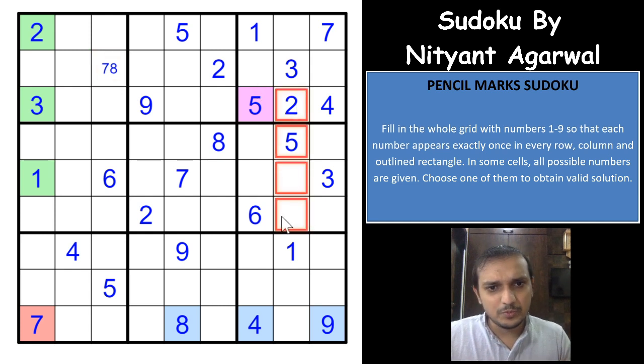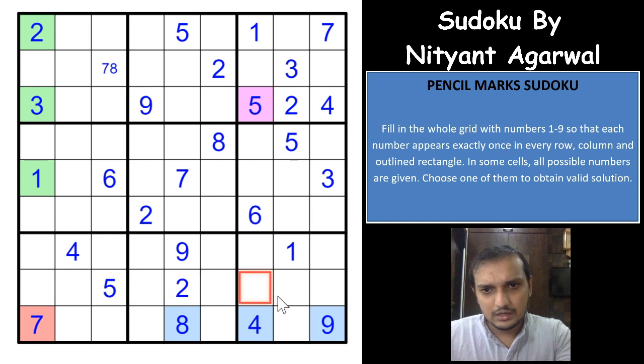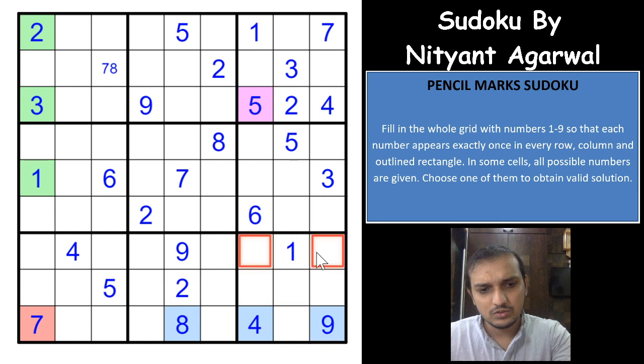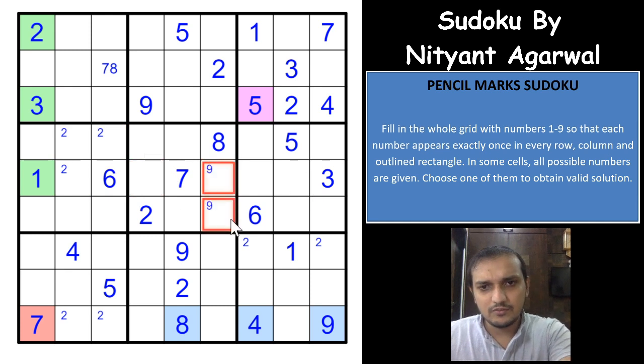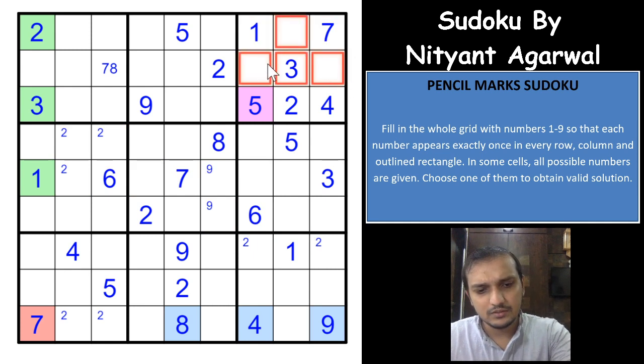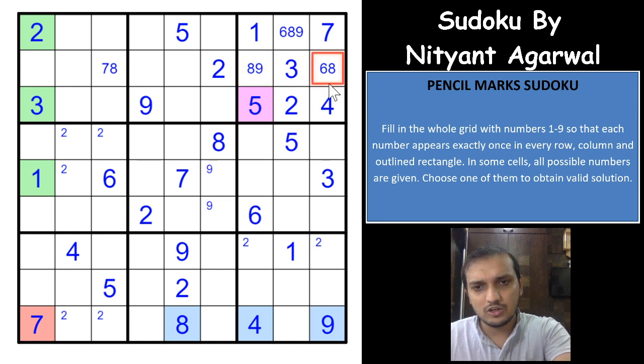I think we'll be able to place all the 2's here, because of the 2 here and here you get a 2 here, and that gives you a 2 in one of these 2 cells, that gives you a 2 in one of these 2 cells, that gives you a 2 in one of these 3 cells, right? And you have a 9 in one of these 2 cells. This would have to be 6 8 and 9, right? So this cannot be 6 and this cannot be 9.